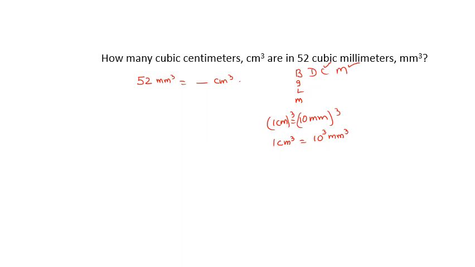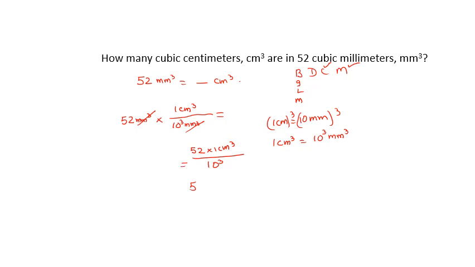Okay, so once we know that one, we can write 52 millimeter cube times millimeter cube should be at the bottom because we need the unit in the answer in centimeter cube. So I will set it up like that. So millimeter cube and millimeter cube will cancel, and that equals 52 times 1 centimeter cube divided by 10 to the power 3.